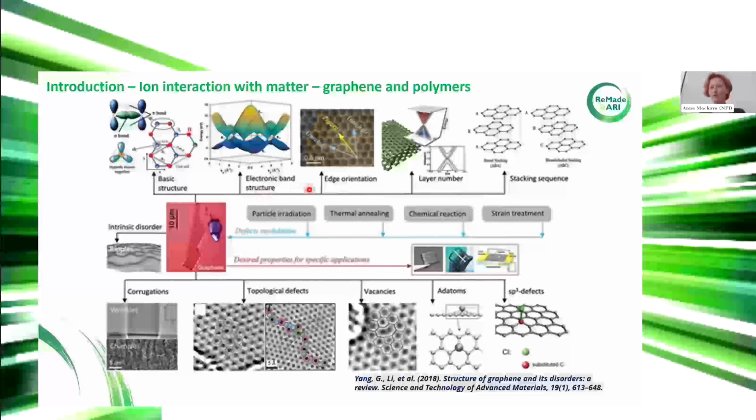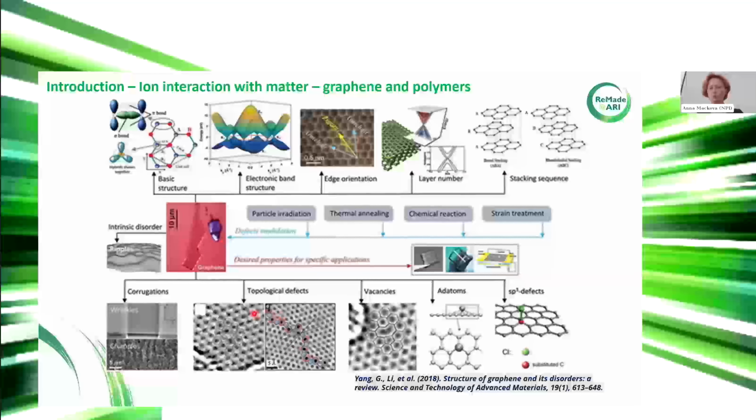So here you can see, for example, the graphene electronic band structure and what graphene looks like. And here you see that we have several possibilities for how to modify the surface. One is particle irradiation, because a particle is, on the nanometer scale, a very small probe and a very small modification tool.